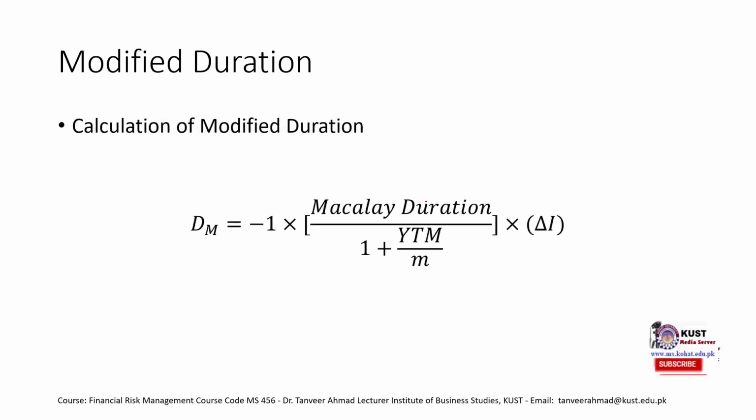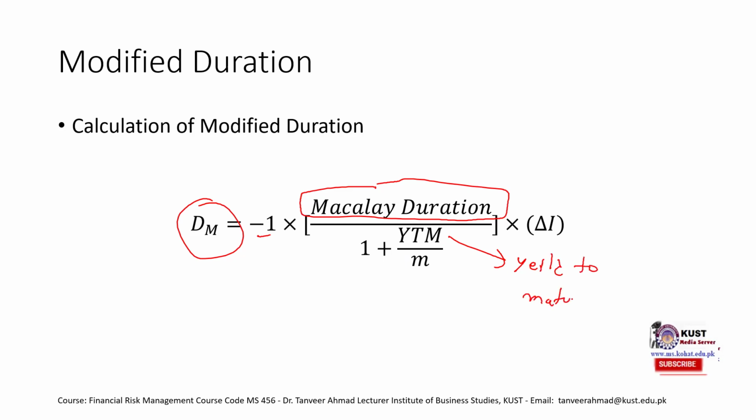The formula to find modified duration is -1 times Macaulay duration, whatever Macaulay duration we find using the previously taught methods, divided by 1 plus YTM divided by M. YTM stands for yield to maturity. It is R in our previous examples.